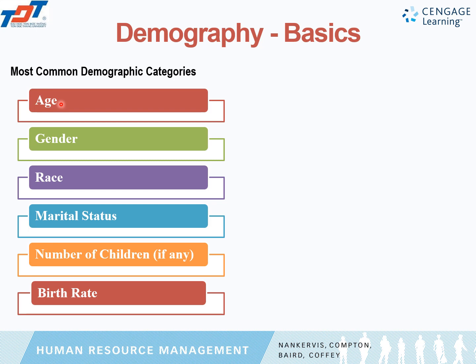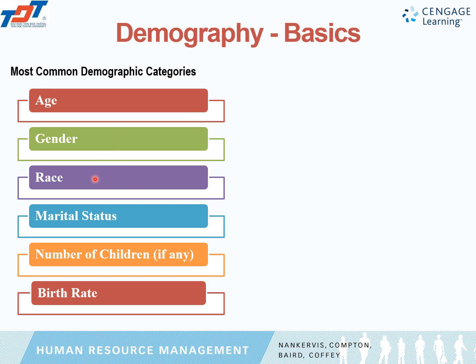For instance, the percentage of people aged between 0 and 15, between 15 and 65, and 65 or over. Gender is another very important thing that we want to look at, so the female to male ratio. Simply put, in some countries we have more men than women, and in other countries it's the other way around.